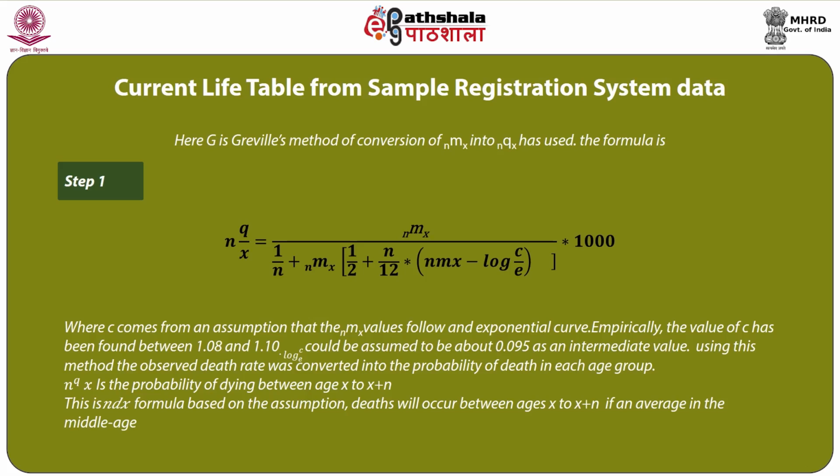The formula is NQX is equal to NMX by 1 plus NMX upon L to the power n plus n power mx minus log c to the base e, where c comes from an assumption that the NMX values follow an exponential curve.